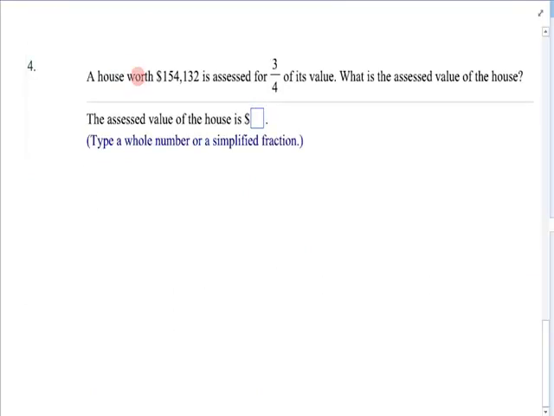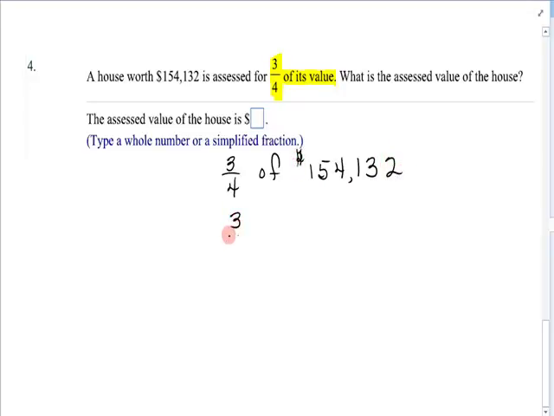A house worth $154,132 is assessed for 3/4 of its value. 3/4 of the value, and the value is this number. So it is 3/4 of $154,132.